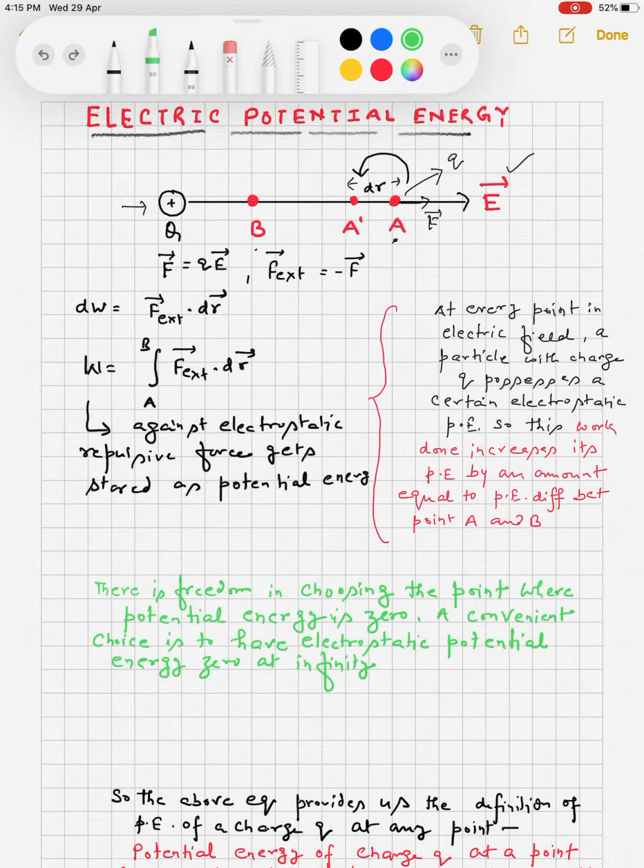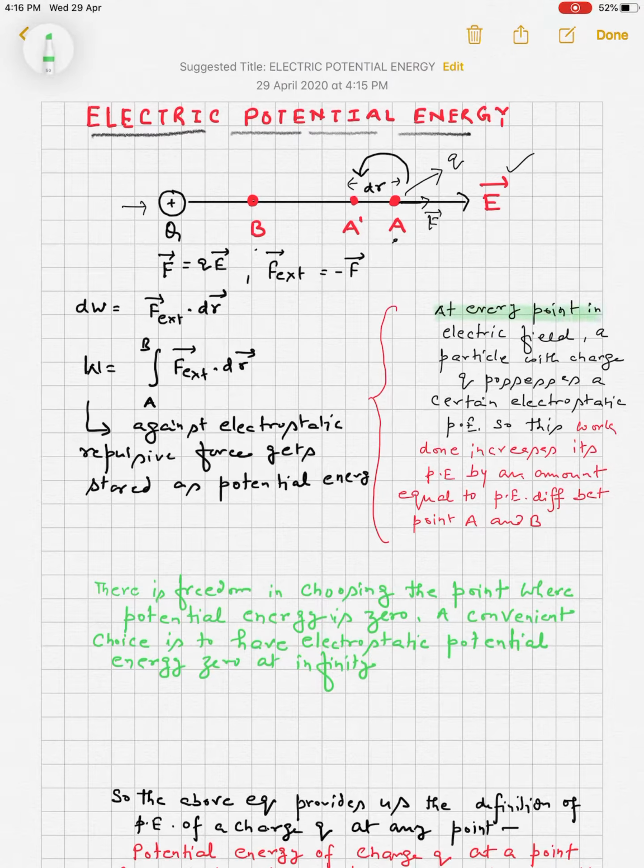The important thing: at every point in an electric field, a particle with charge Q possesses a certain electrostatic potential energy. Every point in the electric field possesses some electrostatic potential energy.